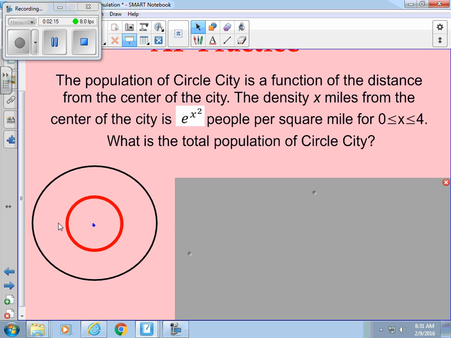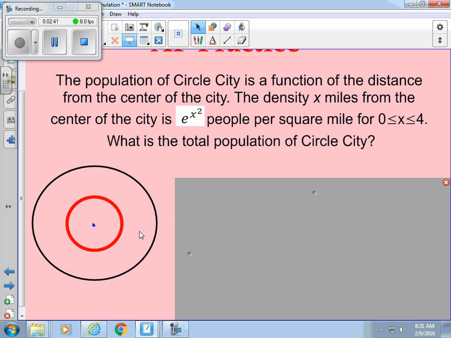Would you agree that I could find the population around this little circle and then add it up as those circles go out to the whole city? The population just around this little circle would be that circumference in miles times the population density. You agree with that?